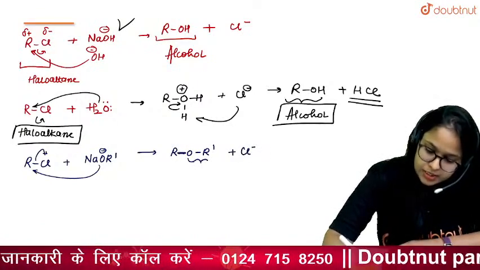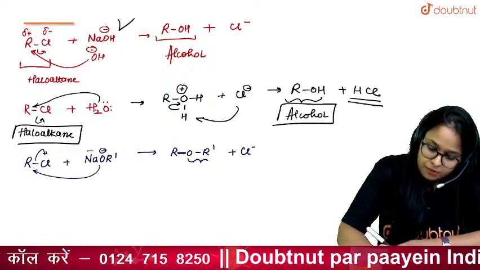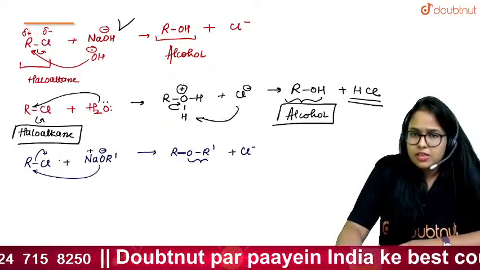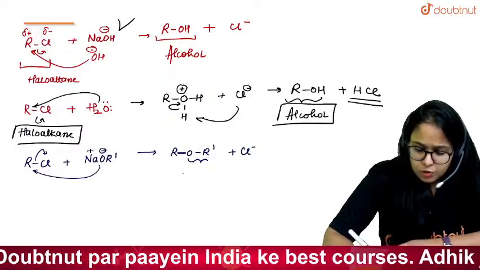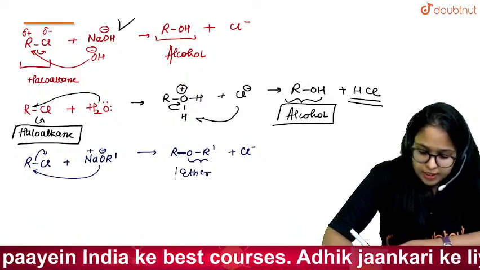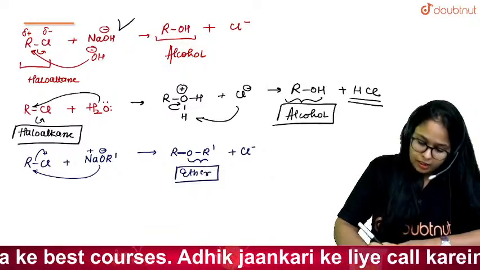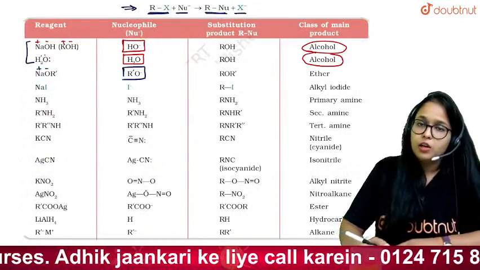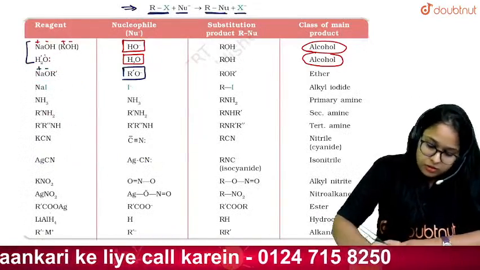Cl minus is released. Na positive, which is present in the salt, takes the Cl minus and forms NaCl, right? So this new functional group ROR' is known as ether. To prepare ethers from haloalkane, we use NaOR' as the reagent, right?